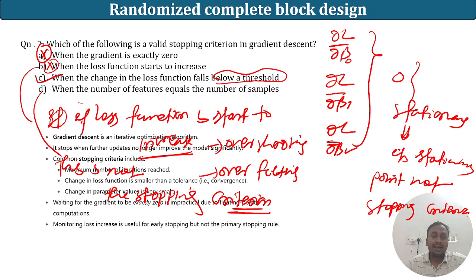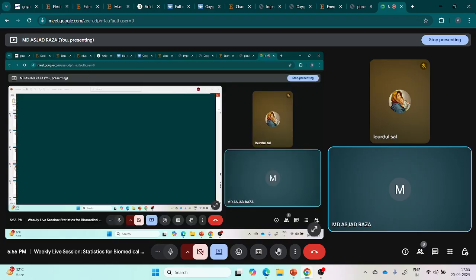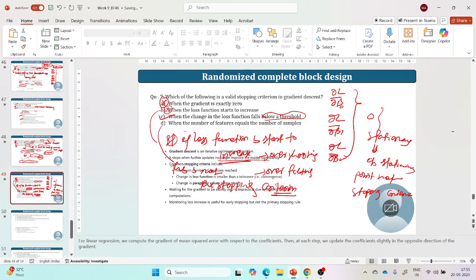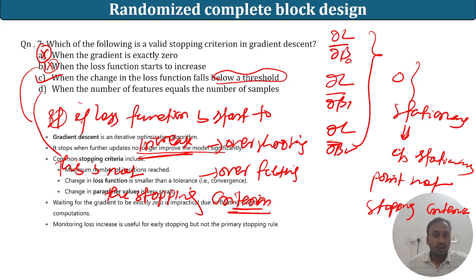Gradient descent is an iterative optimization algorithm. It stops when it no longer improves the model significantly. When are we going to stop it? Common stopping points include the maximum number of iterations reached, whatever number of iterations we have fixed, let's say 1,000, 1,500, 2,000.